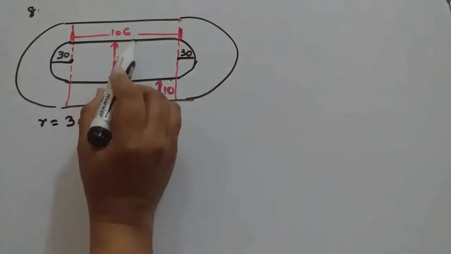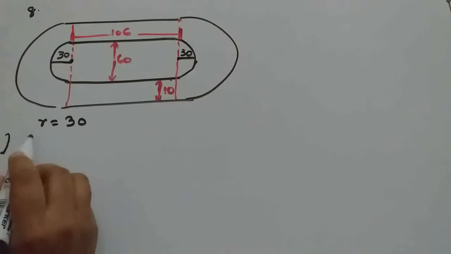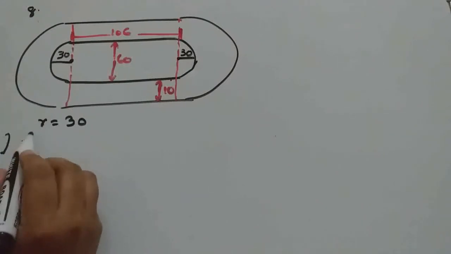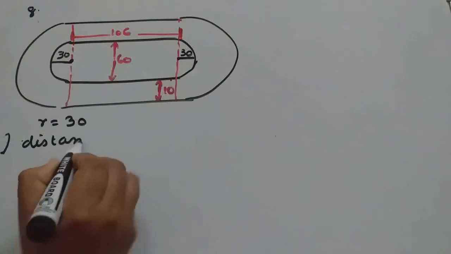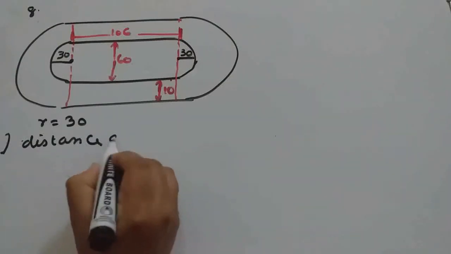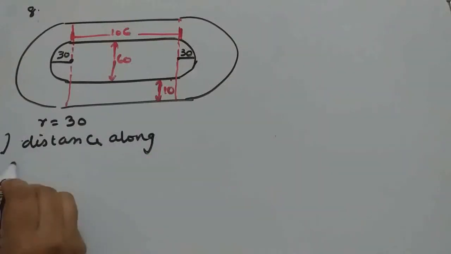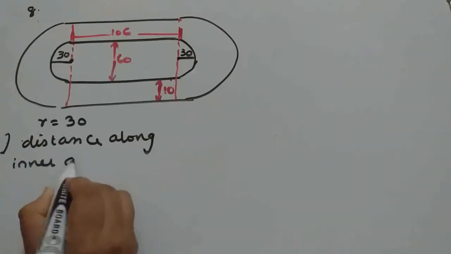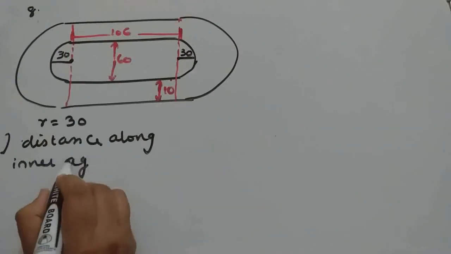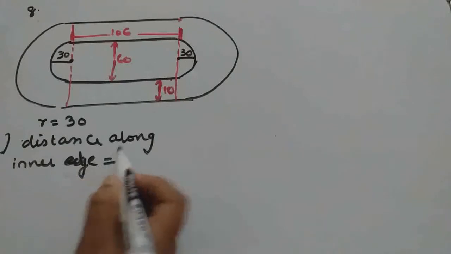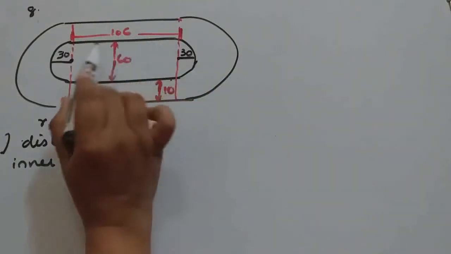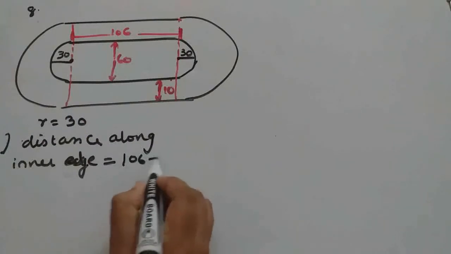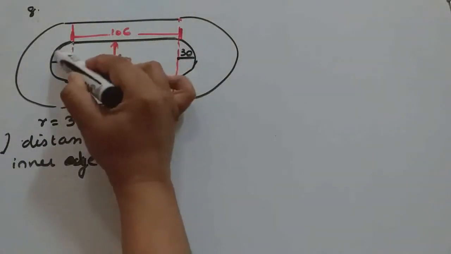So for the first part, the distance along the inner edge will be what? This length 106 plus this length. So what is this length?